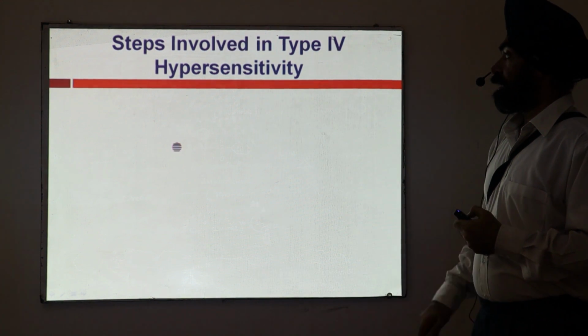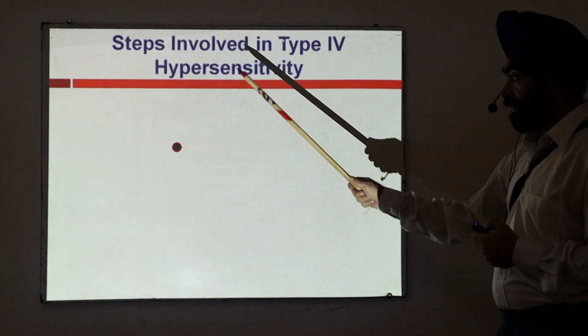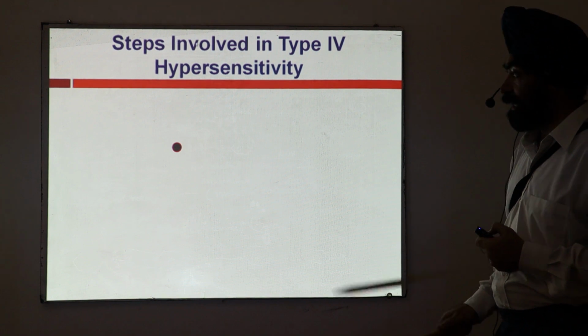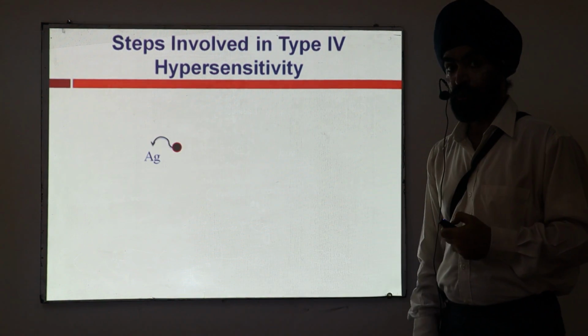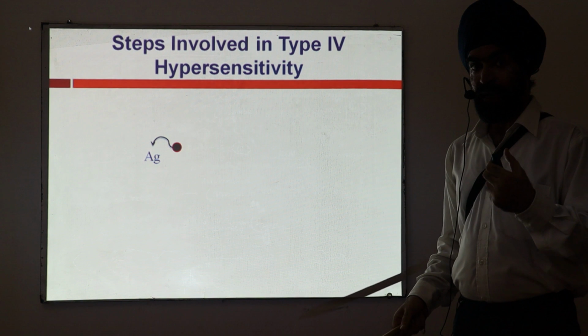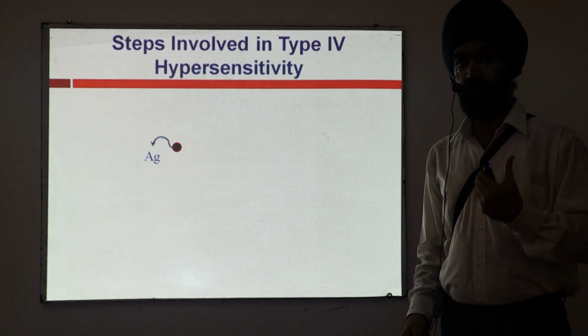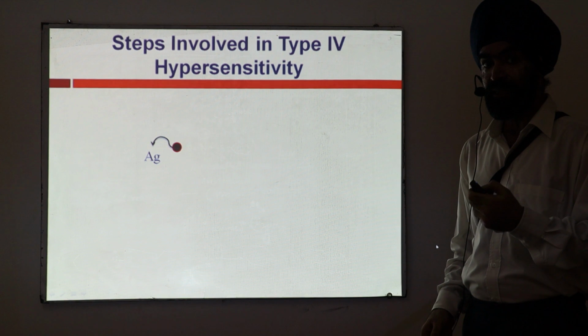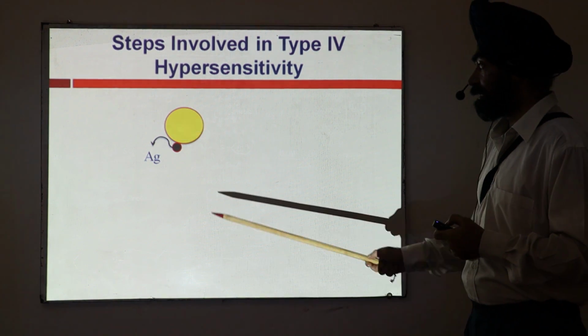So what are the steps involved in type 4 hypersensitivity? I will explain with the help of this flowchart, with the help of a figure. Let's say this is an antigen. And as I told, the first encounter of the antigen is with the antigen presenting cells.